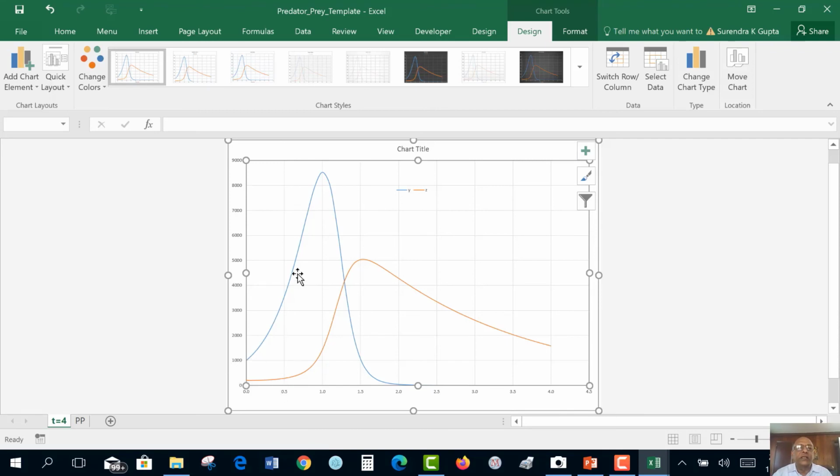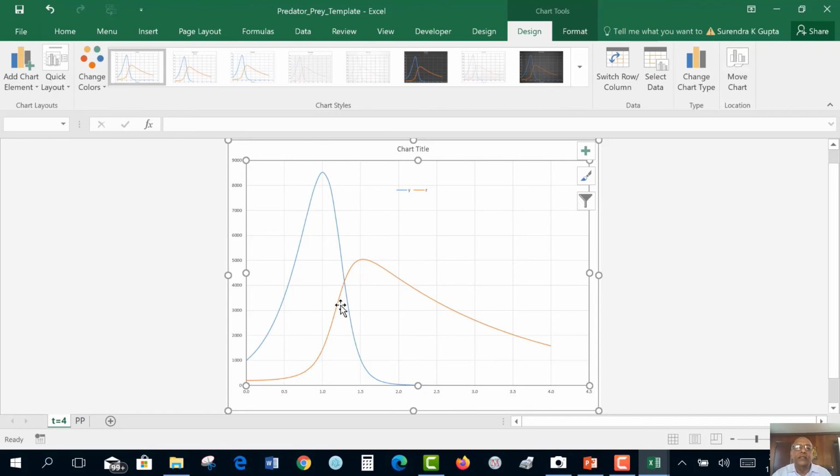So rabbits start increasing and reach a maximum of about 8,500 or so. The foxes also start increasing in population, and notice they have increased so much, to about 1,500, that they start causing the rabbit population to decrease.